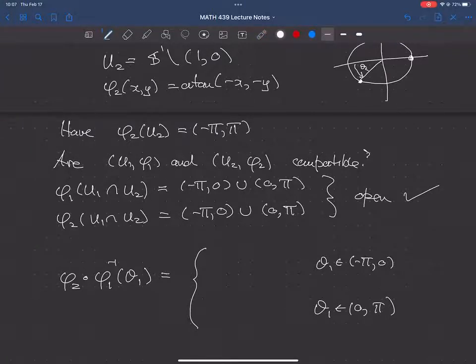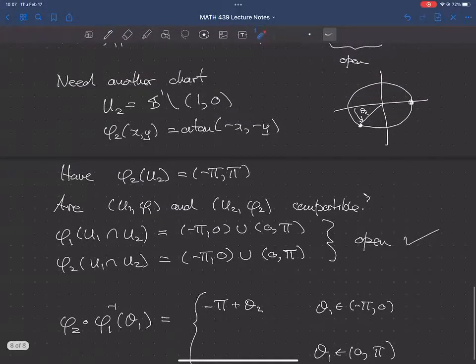So it should be minus pi plus theta 2, right? When theta 2 is equal to 0, it's minus pi, and then as theta 2 increases, because theta 2 is positive here, I'm increasing theta 1 to 0 there. Okay, so I think that's right.